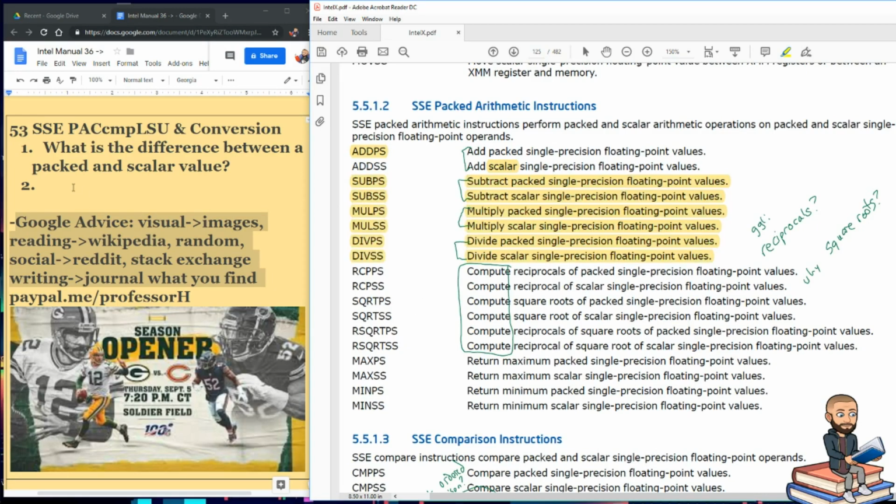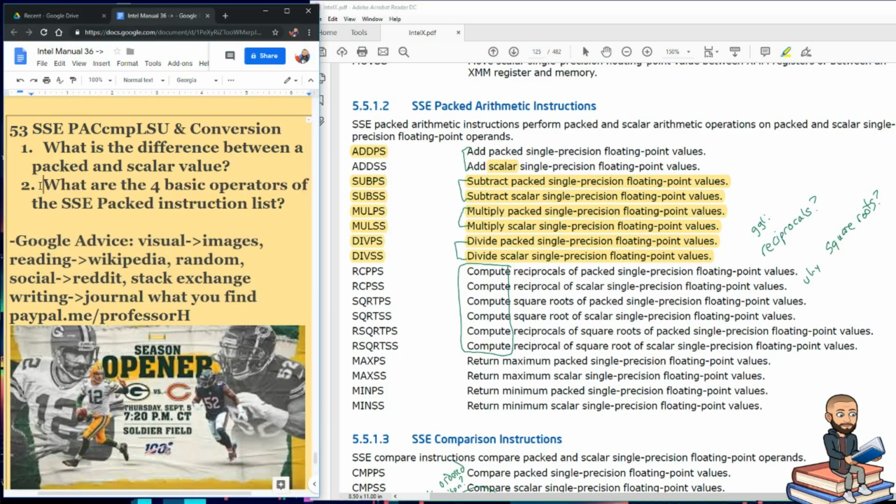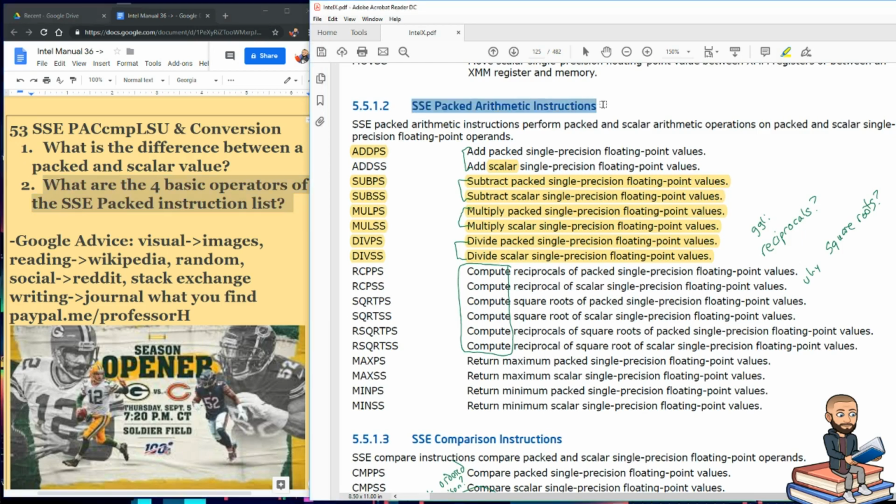Those are the basic arithmetic instructions. So I ask, what are the 4 basic operators of the SSE Packed instruction list? I find that kind of funny that they title it Packed Arithmetic Instructions, while the scalar is right behind every single packed one. So Intel, fix your titling strategies there.